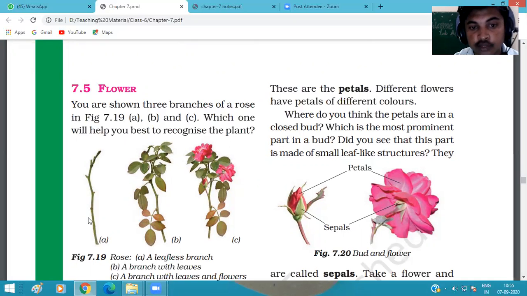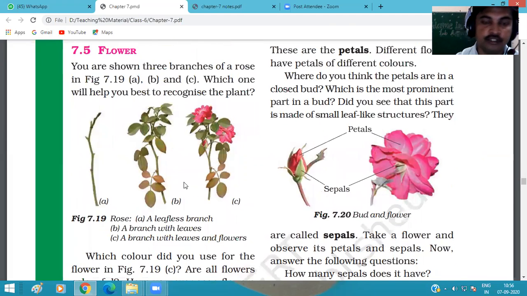Out of these three images, by which image can we easily identify the plant? Obviously C. Why? Because in this image flowers are present, and by the flower we identify the plant.